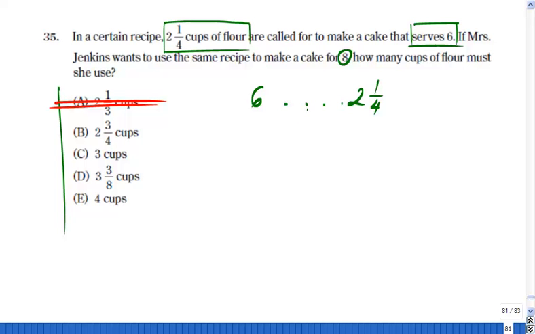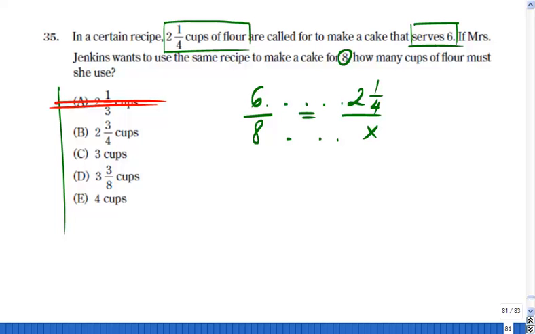There are many ways to solve this problem. If you want, you can say for 8 I need x cups. Obviously the ratio of 6 to 8 should be the same as the ratio of 2¼ cups to how many I need here. That's one way to solve.